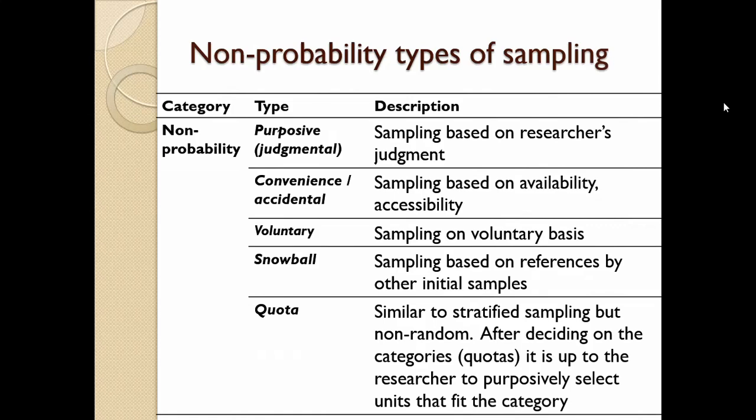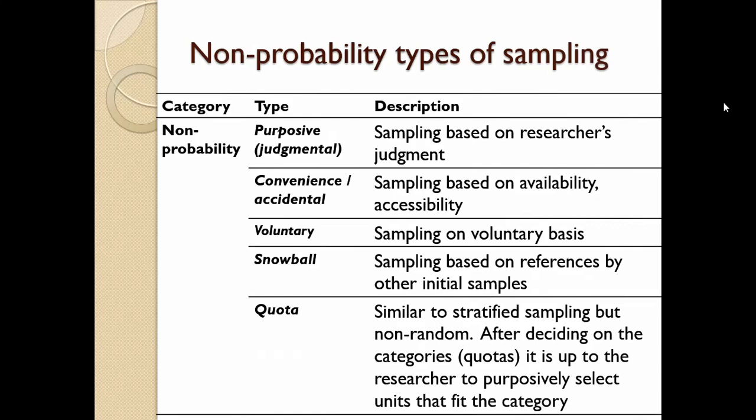There is voluntary sampling, which of course sometimes is also related to convenience, but here sampling is on a voluntary basis. The reason I'm saying that voluntary relates to convenience is because even a voluntary basis also depends on availability and accessibility.